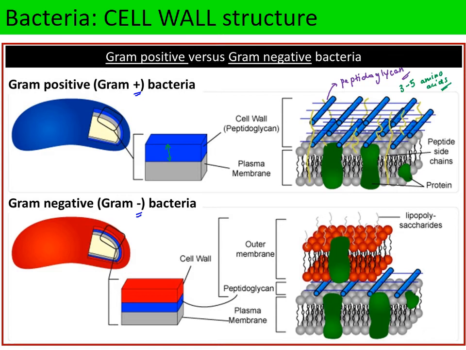Now, if we look at gram-negative bacteria, there is peptidoglycan on the outside of the cell membrane, but it's a much thinner layer. If we compare this blue layer at the bottom here to the thicker layer at the top, we can see the thin layer on the outside has an additional membrane called a lipopolysaccharide membrane.